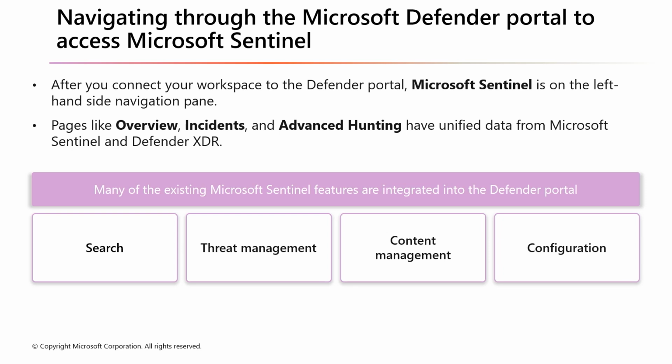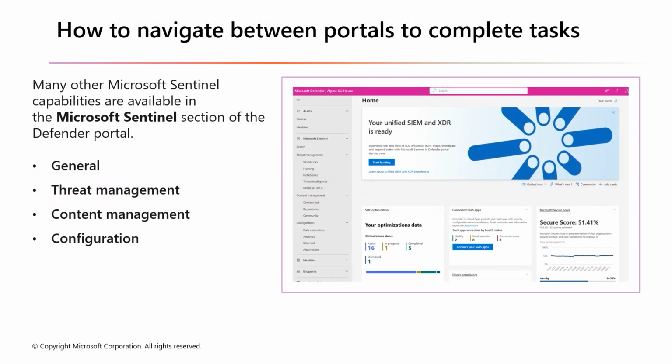Core Sentinel features such as search, threat management, and content management are fully integrated, giving you a streamlined experience within the Defender portal. Microsoft Sentinel capabilities are now accessible directly within the Defender portal, making it easier to manage your security operations from a single interface.